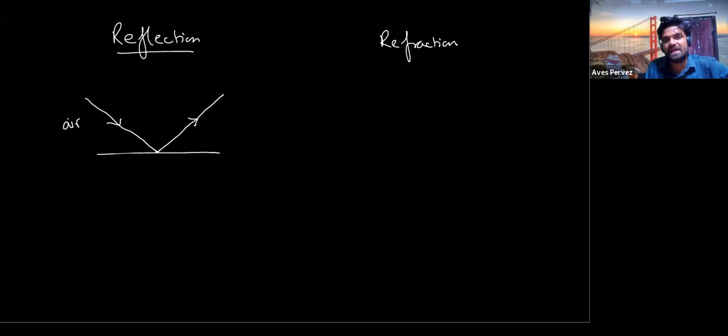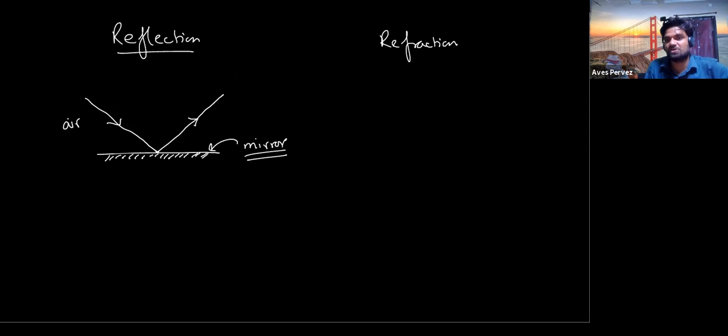When light strikes a shiny surface, like a mirror, and comes back to its original medium, the medium is not changing. The light strikes in the air, strikes the shiny surface and goes back to the air. So this is called reflection.